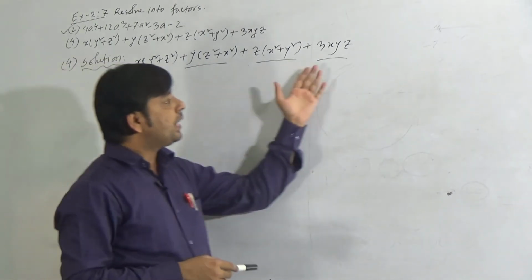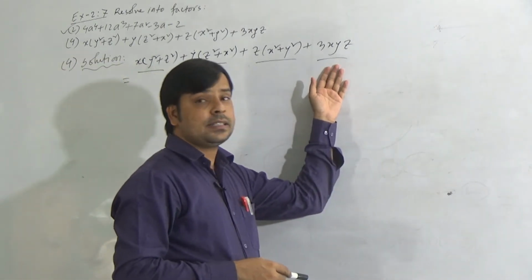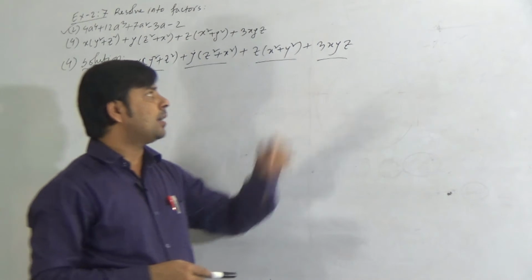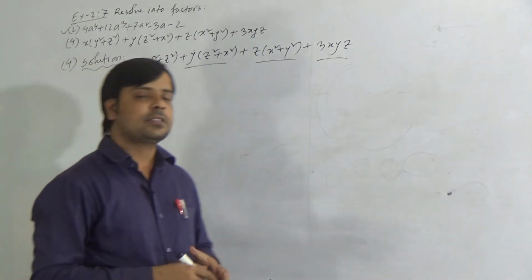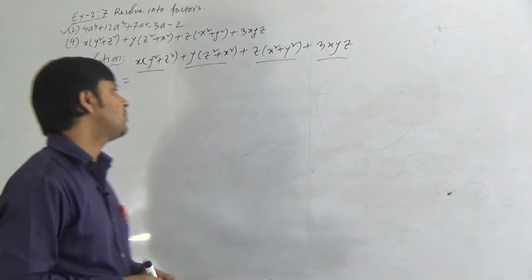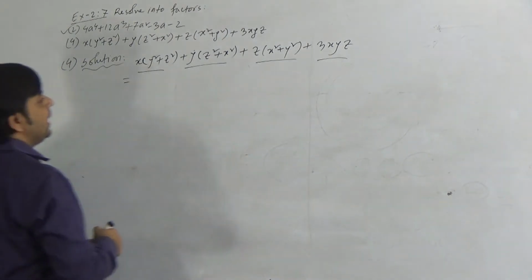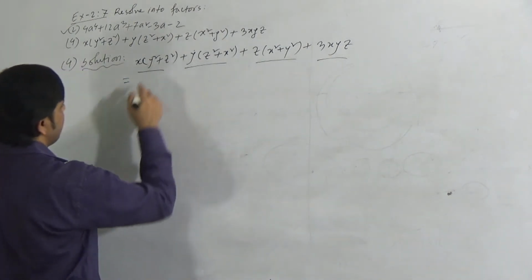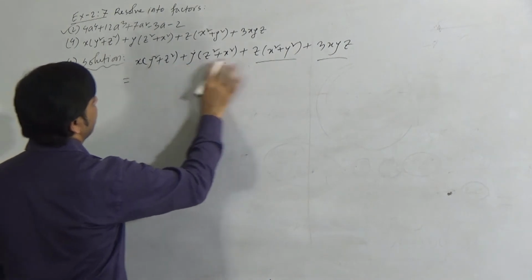So we can write this as 3 terms: x plus y plus z, x plus y plus z, and x plus y plus z, plus xyz plus xyz plus xyz. So at first we have to multiply.